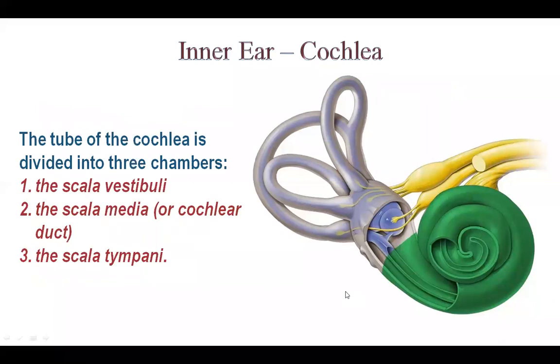And this tube of the cochlea is divided into 3 chambers internally. First is scala vestibuli, second is scala media, which is also known as cochlear duct, and third, the scala tympani. Scala in Latin means staircase. As you see, it is wound spirally, it resembles a staircase.